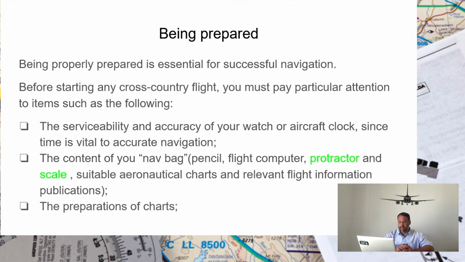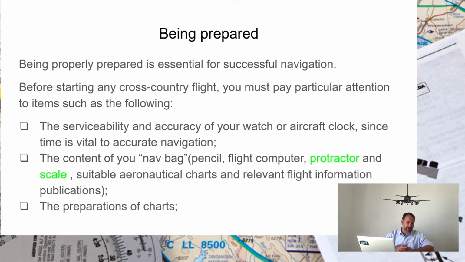All right. The content of your nav bag, your navigation bag: pencil, flight computer, protractor, and scale, suitable aeronautical charts, and relevant flight information publications. Nowadays, I would even say an iPad or a tablet.